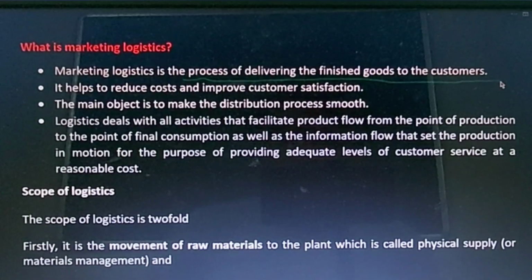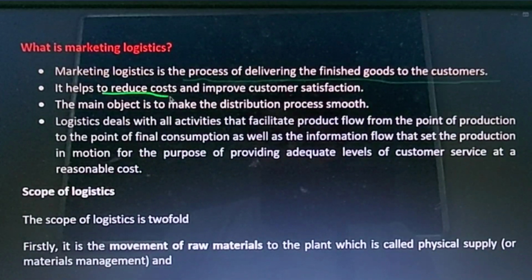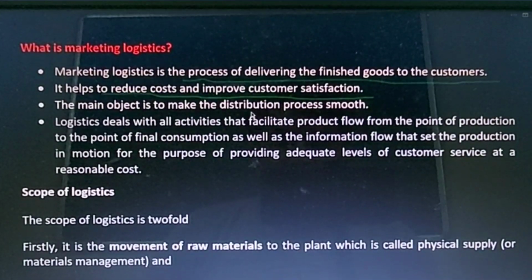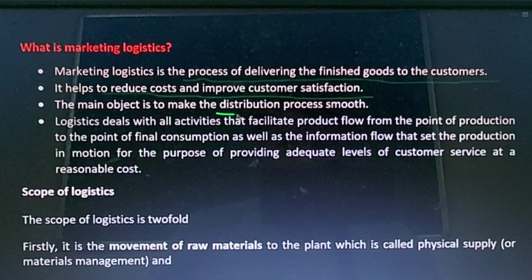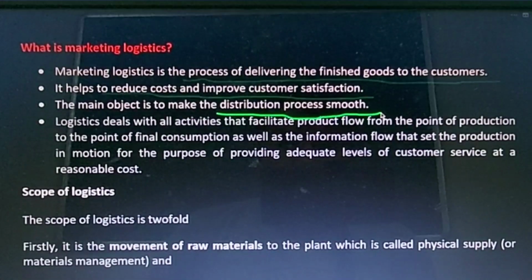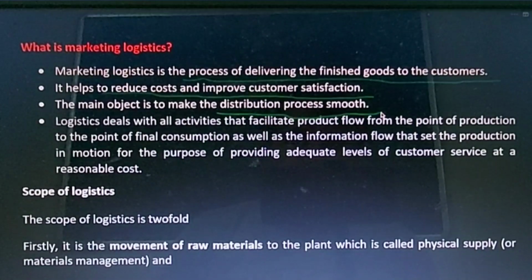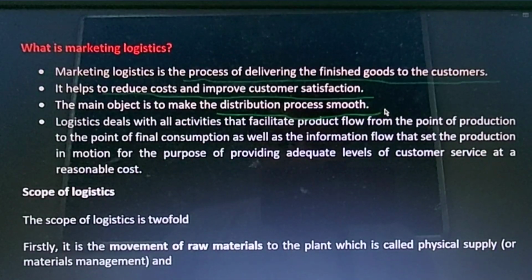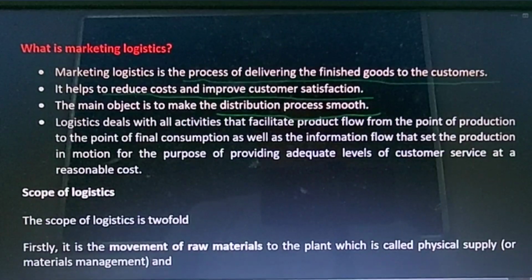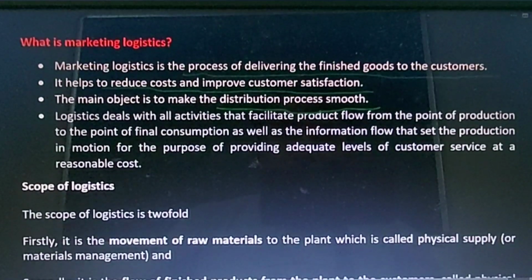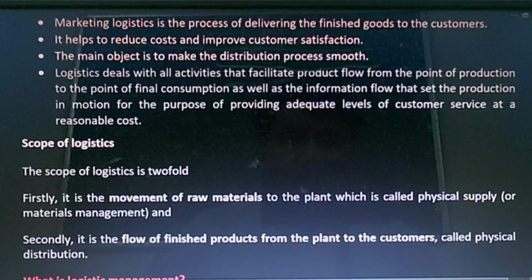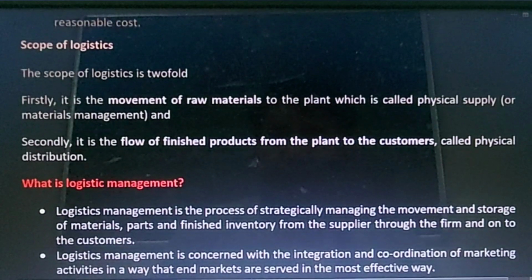And the main objective is to reduce the cost, improve customer satisfaction, and smoothen the distribution process as much as possible. There should not be any complexity and difficulty in the movement of goods. And basically logistics is all about movement of goods from factory or industries to the ultimate consumers.